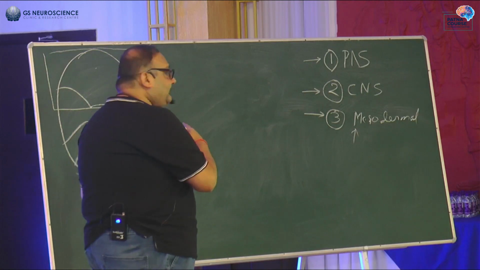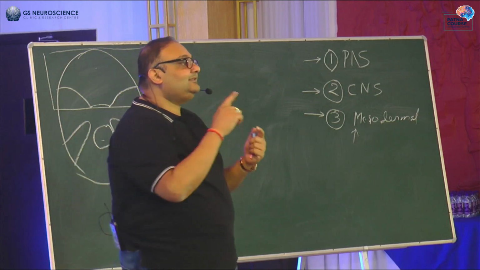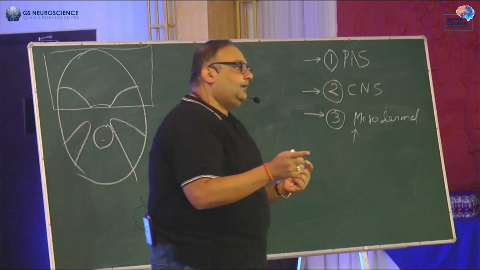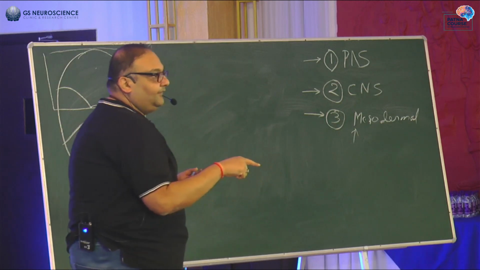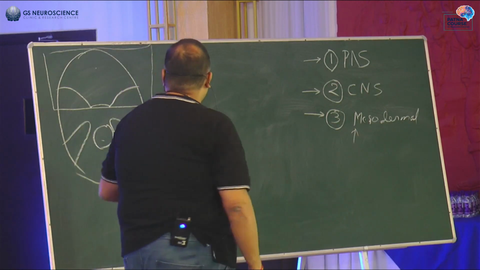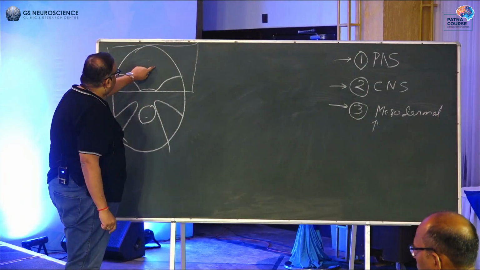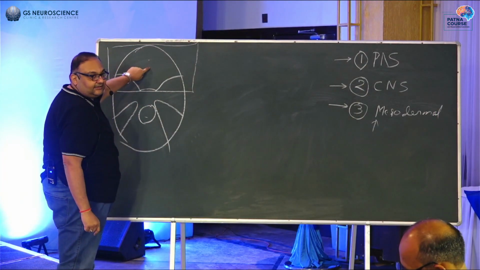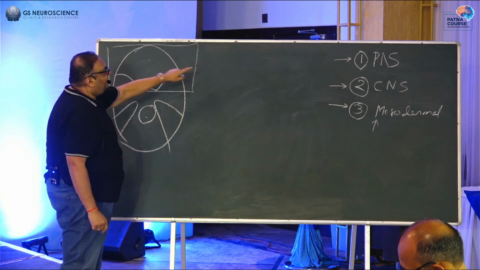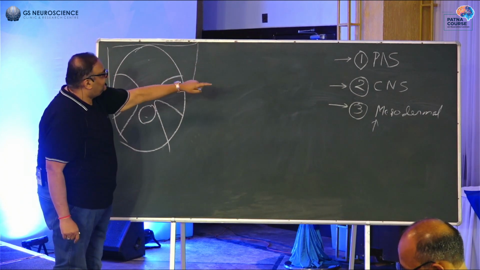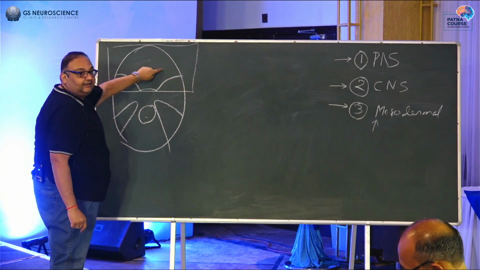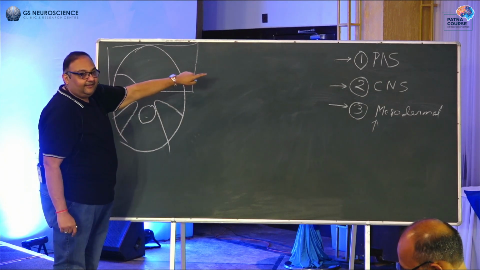The orbit is peculiar in the way that it is extracranial, but it contains brain tissue. So all these points put together, we will concentrate on the anterior cranial fossa for much of today's discussion. And we will try to make sure that all those three structures which are contained in the orbit are getting their own blood supply from somewhere.